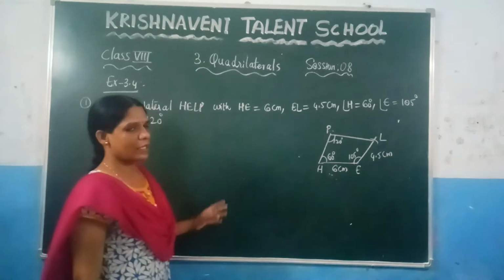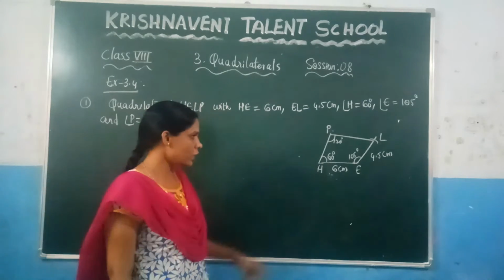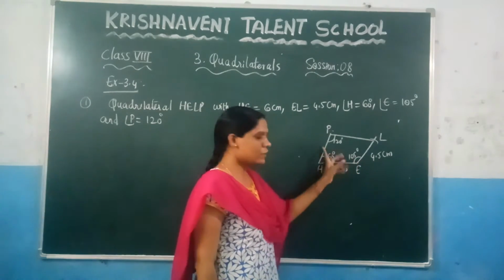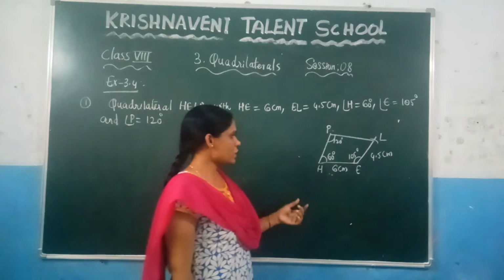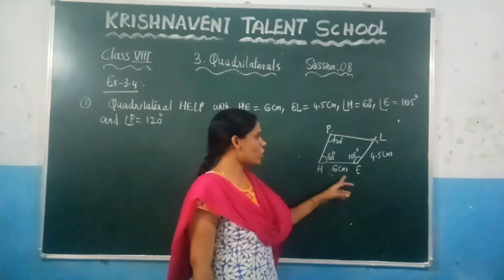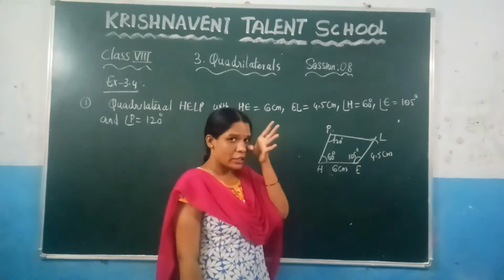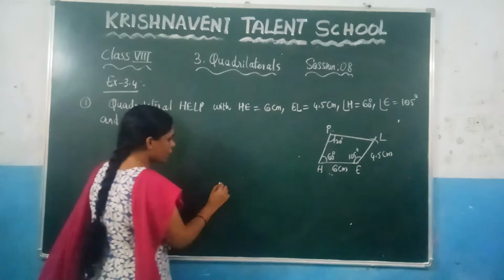So let us see again what the quadrilateral given is. You need to construct the quadrilateral if you have given 2 adjacent sides and 3 angles, right? First, how to draw this quadrilateral. First you need to draw a line segment of 6 centimeters, right? I am drawing it roughly.